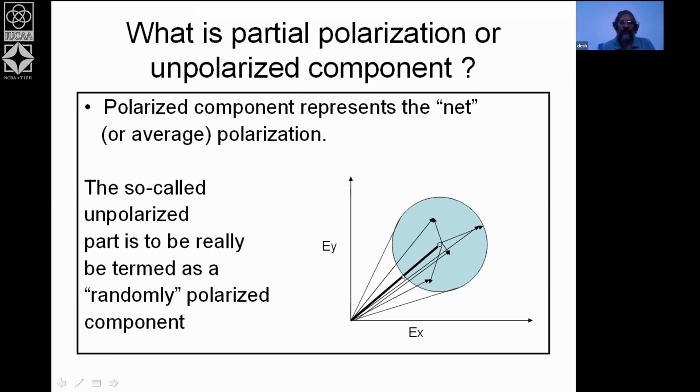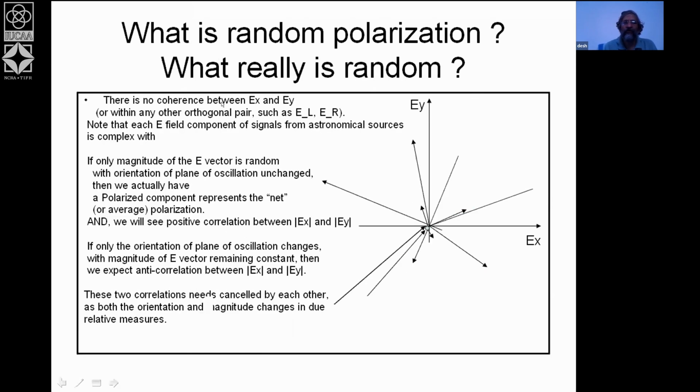So you will find that for it to be able to do that, you will require both spread in direction as well as in the magnitude, as we will see why both these are required simultaneously for any cancellation to occur to give you net zero as far as this shaded portion is concerned. So there is no coherence between the two orthogonal components, whichever pair you might want to take.